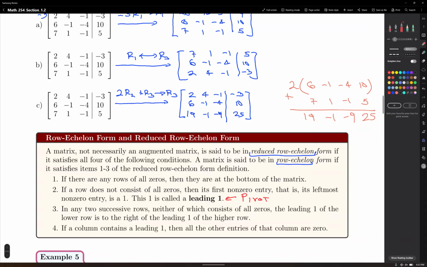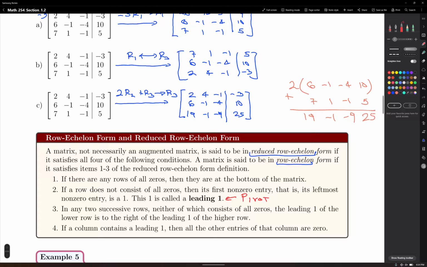Number three, in any two successive rows, neither of which consist of all zeros, careful with that, the leading one of the lower row has to be to the right of the leading one in the higher row. All right, because we want to make this look like a staircase.